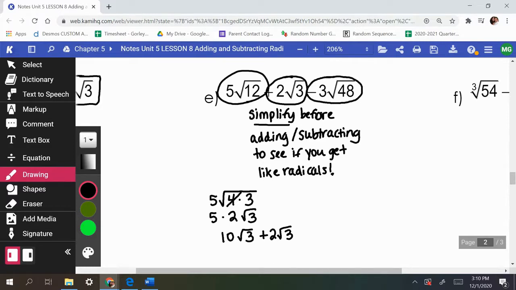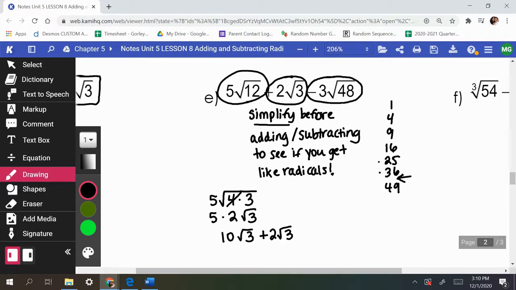Is 48 divisible by any perfect squares? Let's see, 1 squared is 1, 2 squared is 4, 3 squared is 9, 4 squared is 16. We have 5 squared, 6 squared, 7 squared. So 48 is not a perfect square. Is it divisible by 36? No. Is 48 divisible by 25?